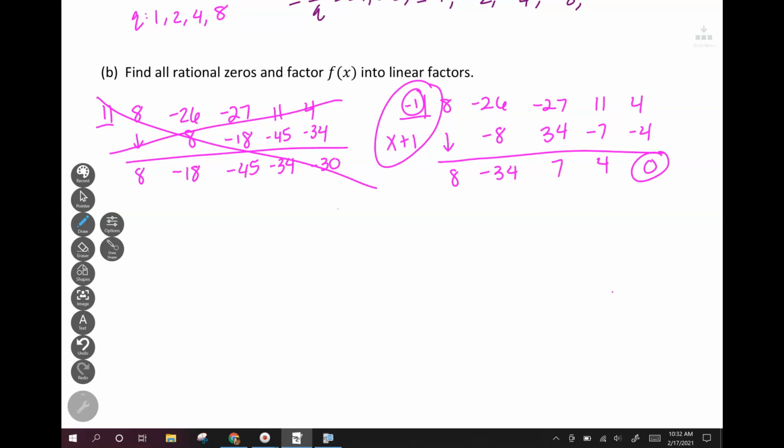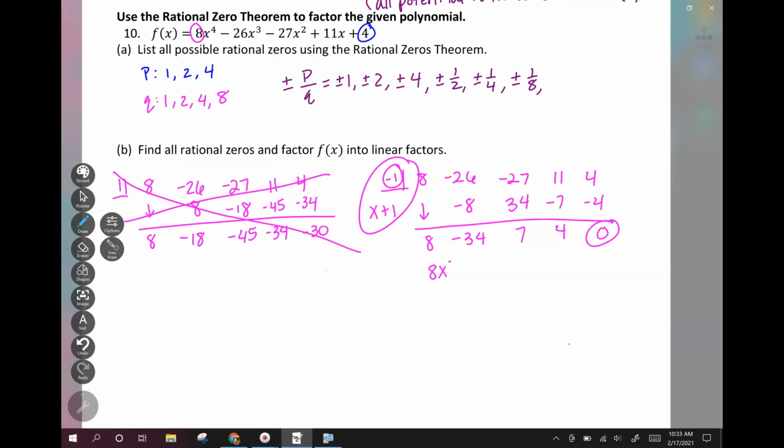So this new polynomial, you could check to see if it's factorable. Remember, the degree is going to go down by 1. So this is going to start with x cubed, 8x cubed minus 34x squared plus 7x plus 4. Now, if you could factor that, you are certainly welcome to, but that one looks to me like it's not factorable, so we are going to just keep going. We're going to use these as our new coefficients, instead of the old original coefficients.